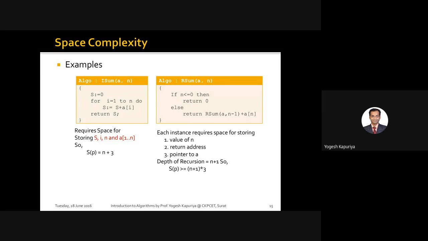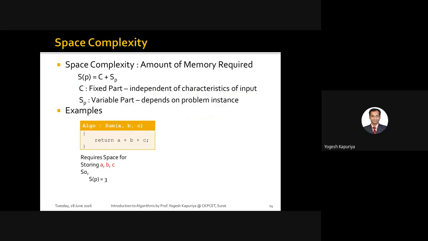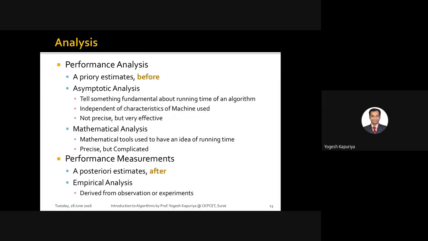Okay. So we have been discussing the introduction to analysis of an algorithm, and we have observed that there are mainly two things to analyze. One is the time an algorithm will require once it is being executed, and second is the space which is required.